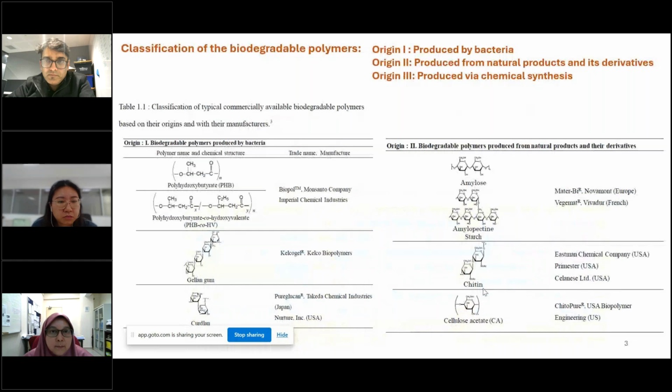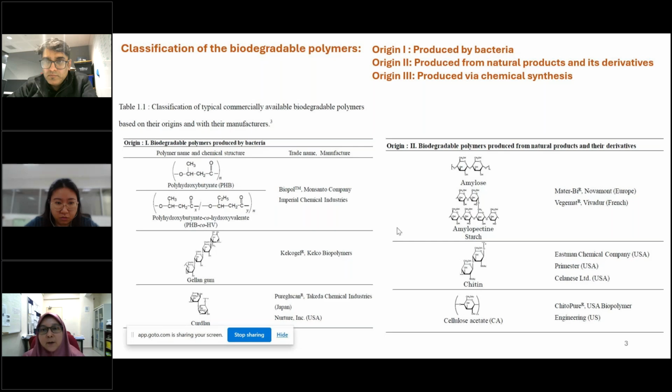The polymers we can classify into three basic origins based on the production process. Origin number one is polymers produced by bacteria, such as polyhydroxybutyrate (PHB), polyhydroxybutyrate-co-hydroxyvalerate (PHB-co-HV), gellan gum, and curdlan.